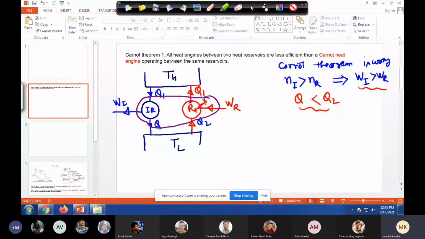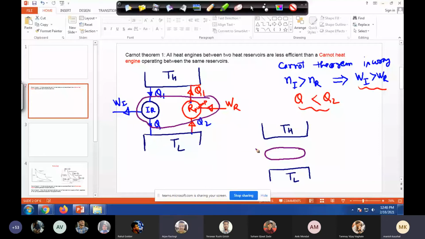So let's make the new device, TH, TL. This is my new device, this black box. How much heat is it taking from the higher source, from TH? Nothing. Okay. Then what else? See, if I ask you what is the net work output of this black box, what will you say?